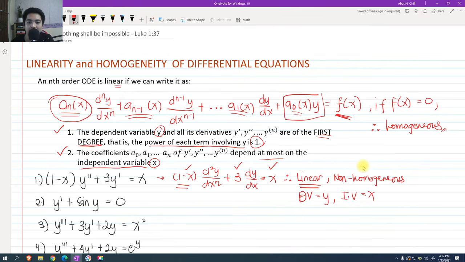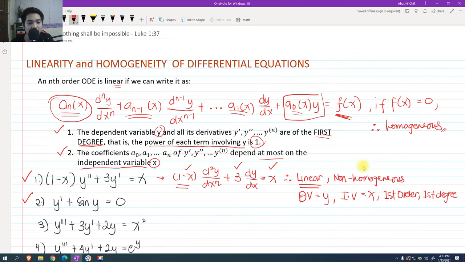Equal to x. And the degree and order, just for us to be reminded: the order of this is first order, and first degree, or degree 1, because the degree of the highest order of the derivative is 1. So it's linear. I hope that is clear.